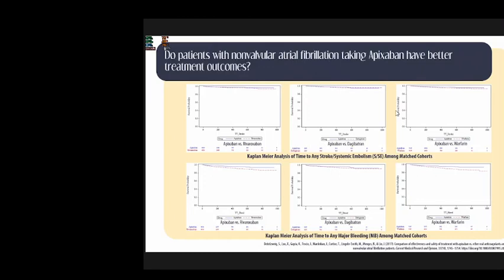Pros: very convenient dosing, very effective, no dietary restriction, no PT/INR monitoring. Cons: mahal, and there's no antidote for the others. Dabigatran has, but it's kind of far. Okay, next. That's option A.